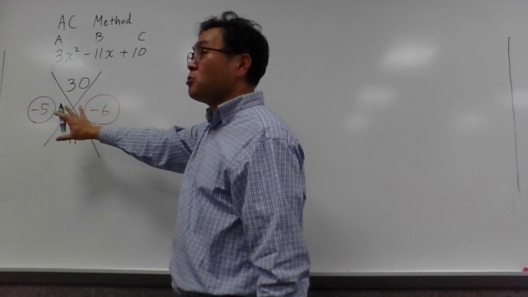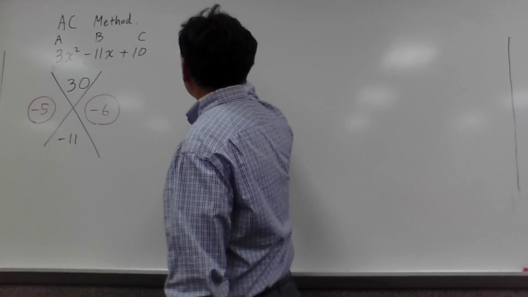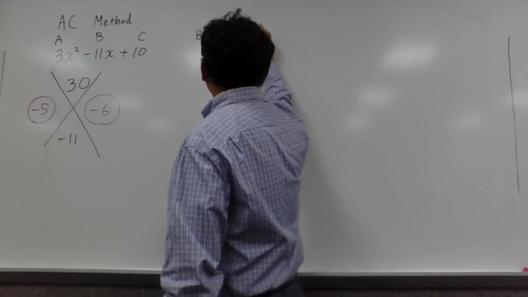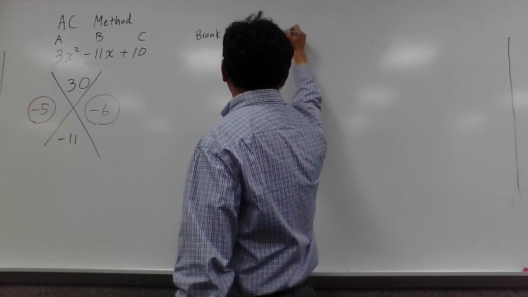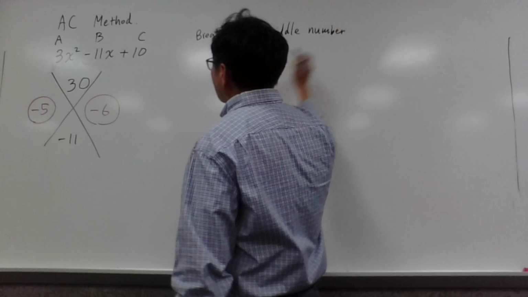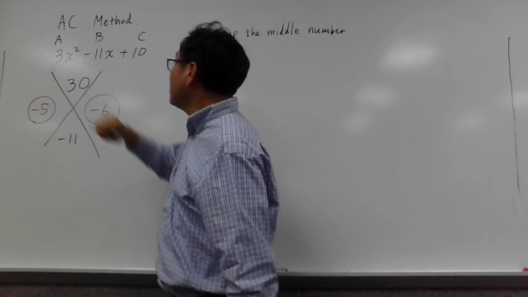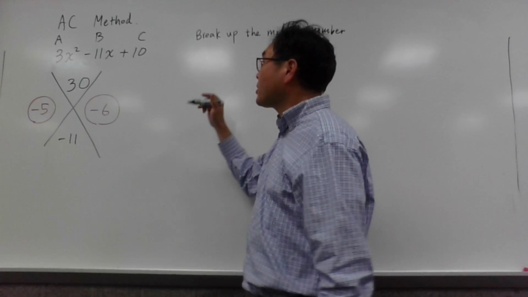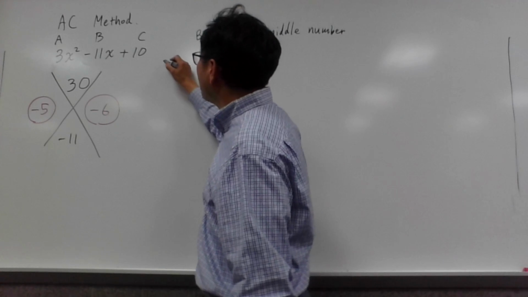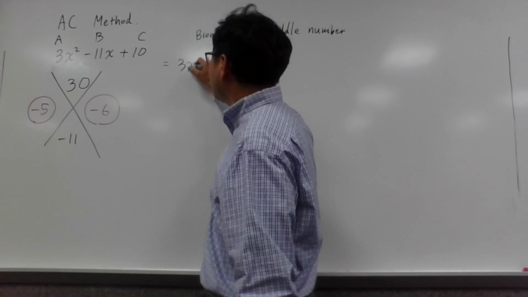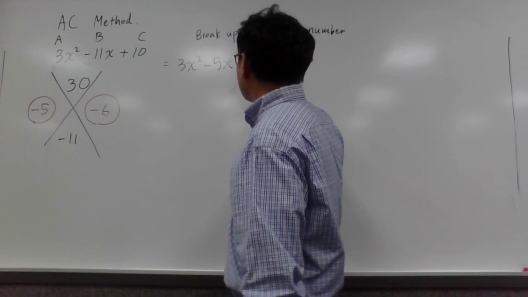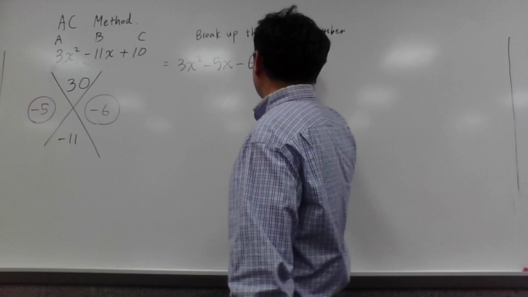Once you figure out the two numbers, the next step is to break up the middle number. So this middle number b, which is negative 11, we're going to rewrite this as 3x squared minus 5x minus 6x plus 10.